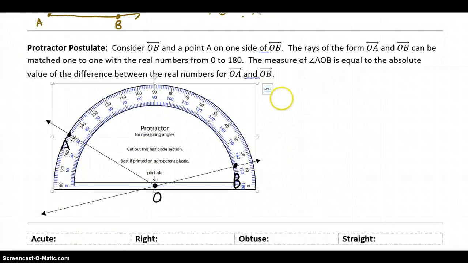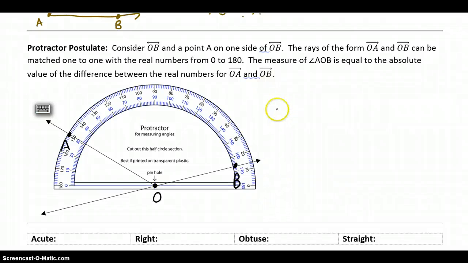To find the measure of angle AOB, I need to find where ray OA and ray OB cross my protractor. OA crosses at either 149 or 31.